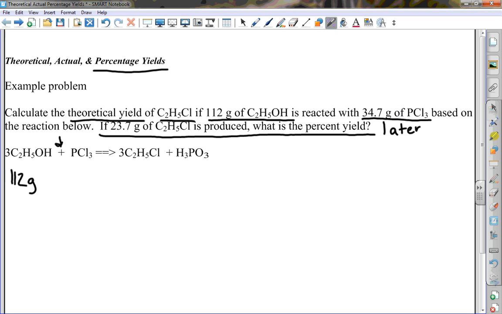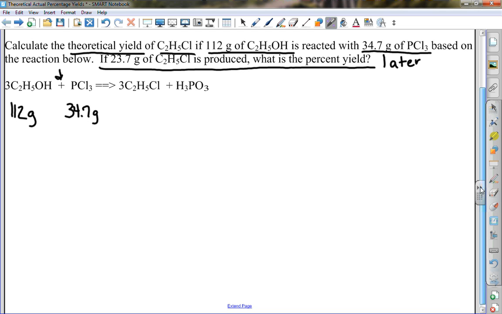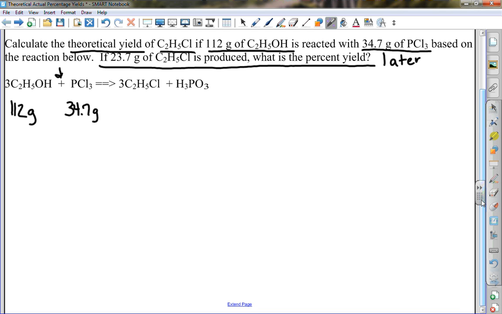So the thing we need to do first is find out what our limiting reagent is. To do that, we're going to convert grams into moles. Remember, when in doubt, pull it out.